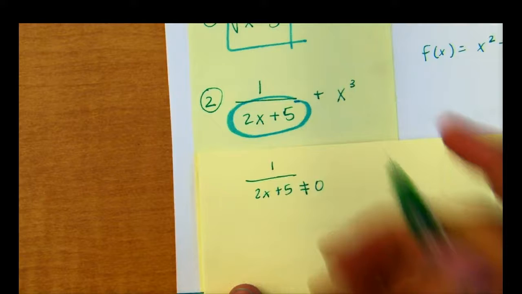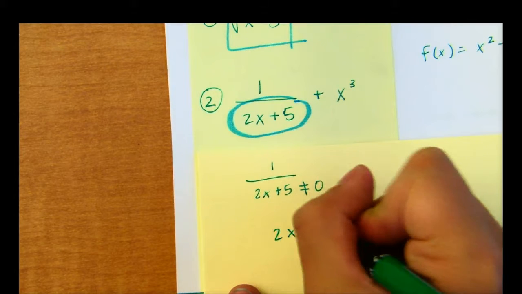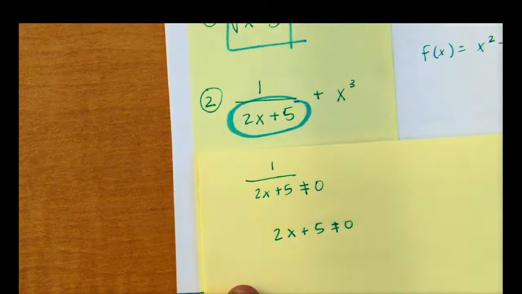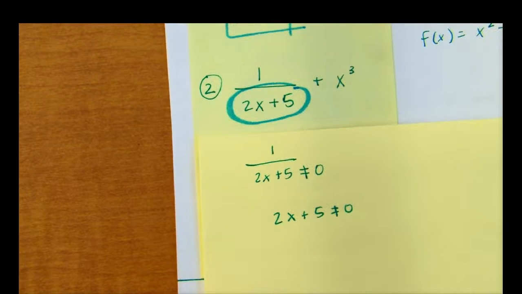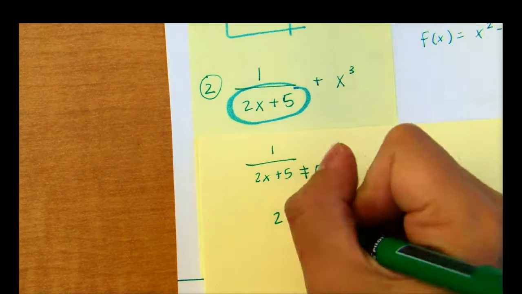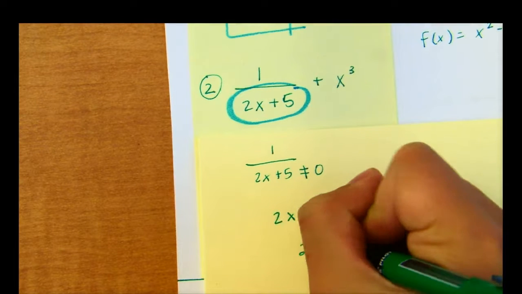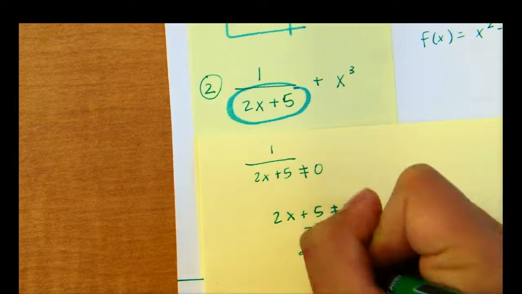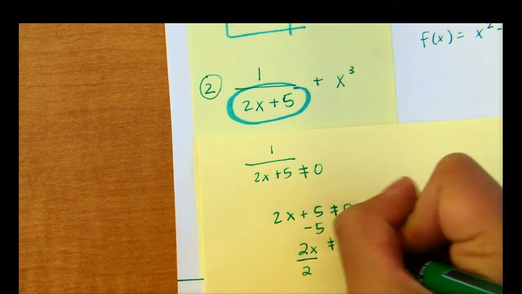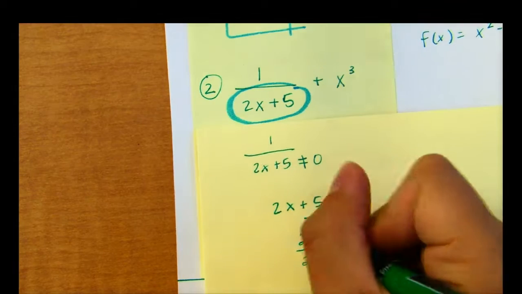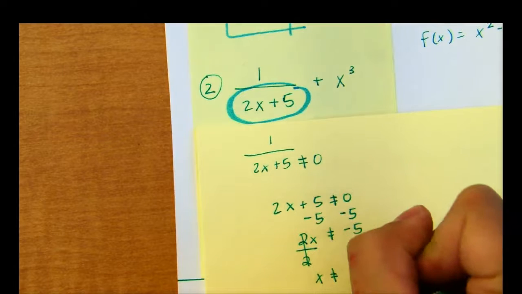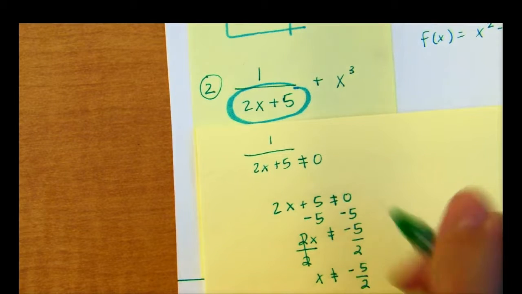So my denominator, 2x plus 5, cannot equal 0, and I'm going to solve this inequation, or not-equal equation. So I'm going to subtract 5 from both sides. So I get 2x cannot equal negative 5. Divide by 2, and I'll get that x cannot equal negative 5 over 2.